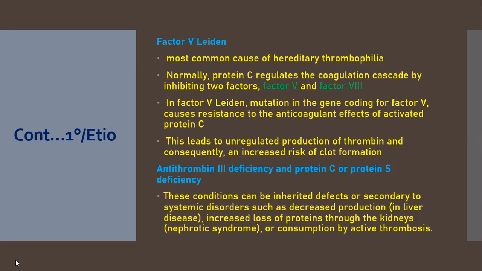And for antithrombin 3 deficiency and protein C or protein S deficiency, these can be inherited defects or secondary to systemic disorders such as decreased production, especially in liver disease, and increased loss of protein through the kidneys, such as in nephrotic syndrome, or consumption by active thrombosis.